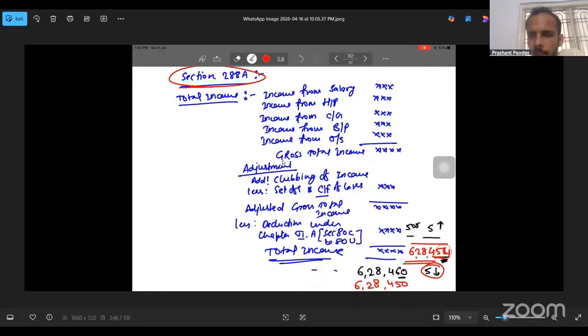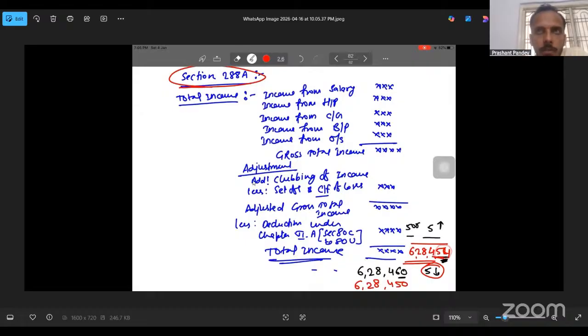Still, we have certain adjustments. Okay, so clubbing of income will be done. Okay, some adjustments are there. To this gross total income, we will add all the incomes. We will club off all the incomes. Like I told you, sometimes the SSC can transfer the property in order to reduce its tax liability.